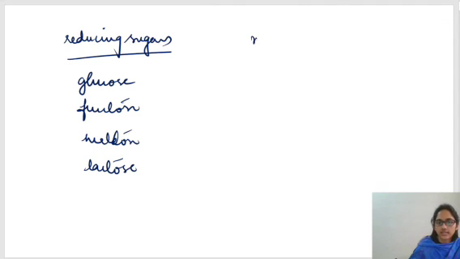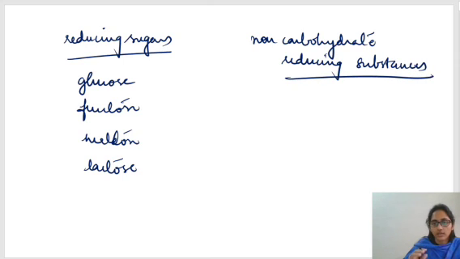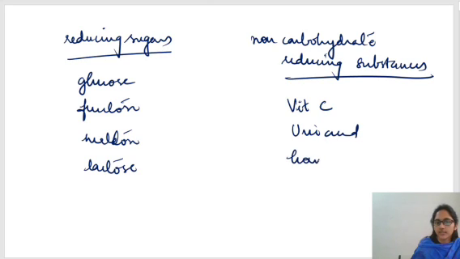There are also certain non-carbohydrate substances which reduce Benedict's reagent, so they also give a positive Benedict's test. These non-carbohydrate reducing substances include vitamin C, uric acid, homogentisate, and certain drugs like aspirin.